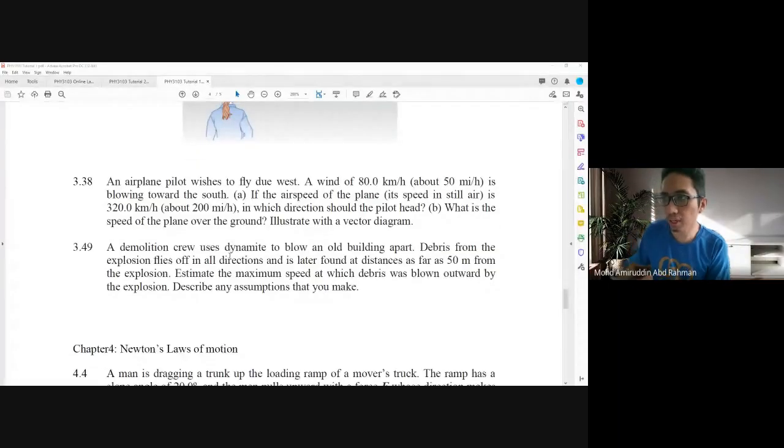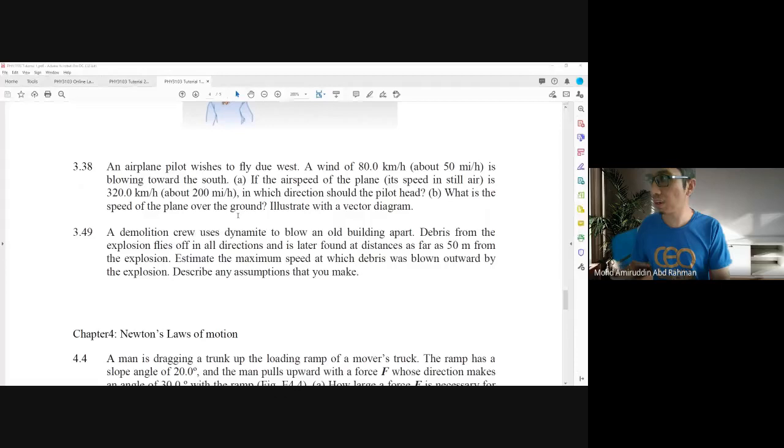So for 3.38 and 3.9, I'm going to give you the answer. For 3.38, part A: if the airspeed of the plane is 320 kilometers per hour, in which direction should the pilot head?